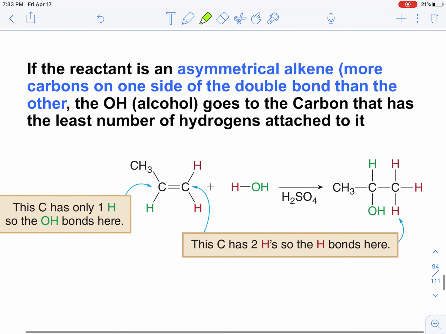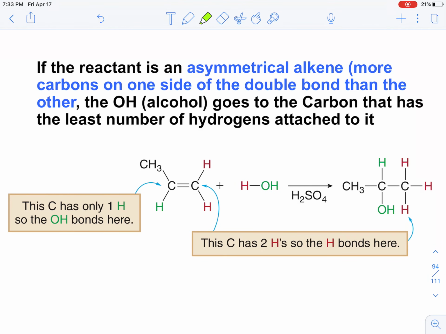All right. So a little bit earlier, I mentioned that your OH group and your hydrogen are going to be added to the carbons that contain the double bond. However, not all alkenes are built similarly to each other. In other words, there are some alkenes which are asymmetric.